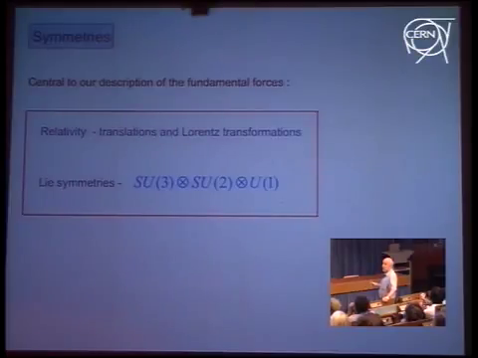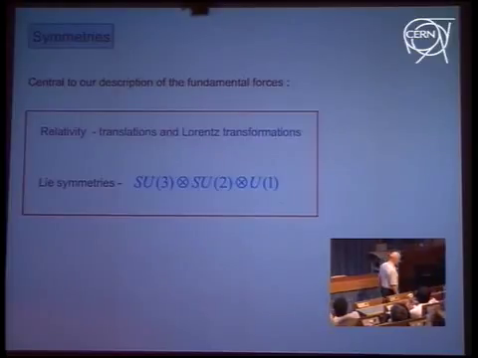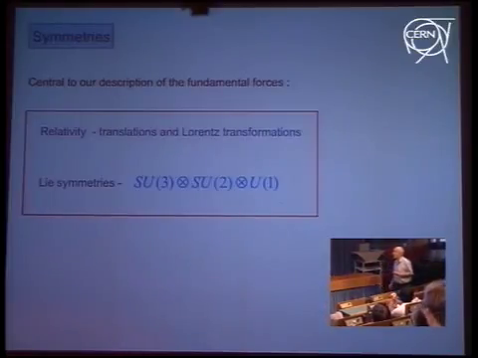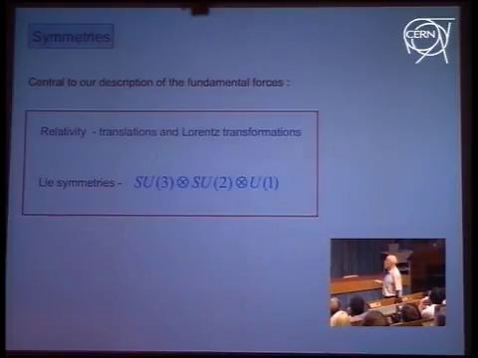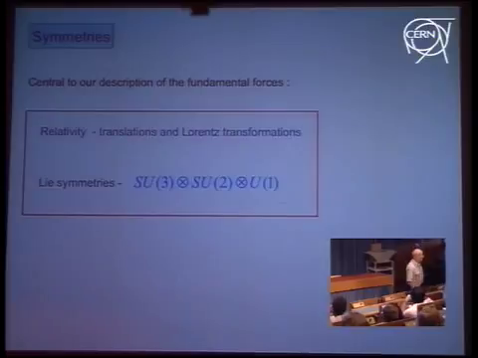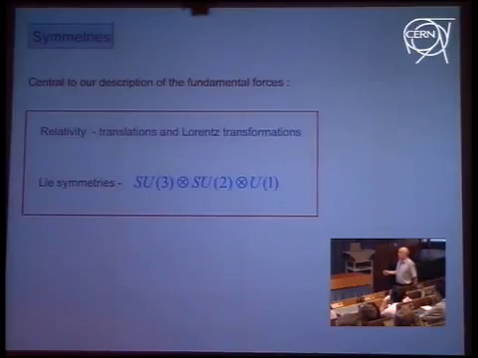What we'll discover is that the group SU3 generates, if you understand its properties, it will lead to our understanding of the strong interactions and the fact that there are 8 gluons and 3 colors. The 3 is related to the 3 colors. SU2 will lead to an understanding of the weak interactions, the fact that you have an electron and the electron neutrino is related to that too.